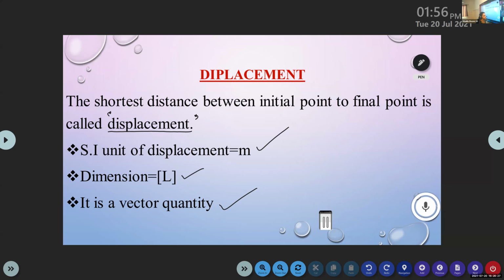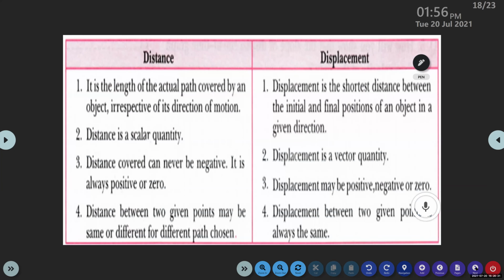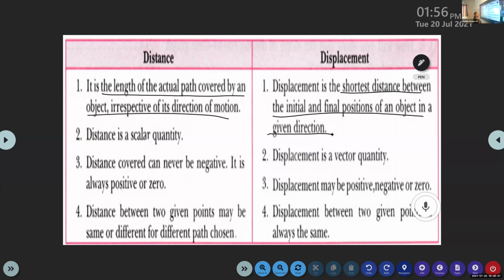Now let us see some other differences or comparisons between distance and displacement. The first one is the same. Distance is the actual path or the total path length covered by the object. And what is displacement? It is the shortest distance between the initial position and the final position of an object in a given direction.